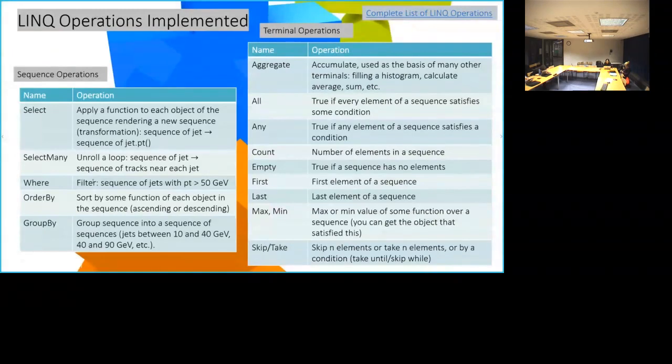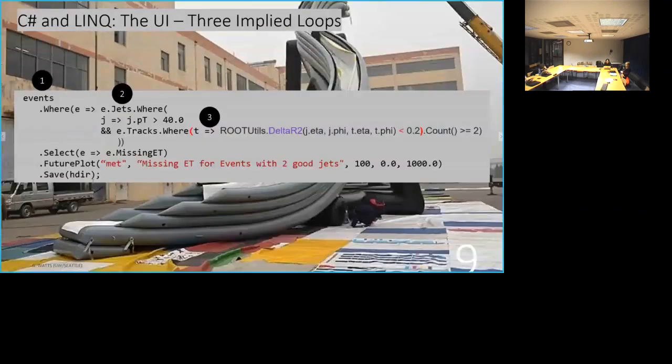Okay, I'm going to skip this slide, which just talks about the various operations. The main thing to think of when you think of this as a model is that we operate on sequences of events, sequences of jets, sequences of tracks, sequences of floating point numbers like the missing ET. So everything is done by sequences on sequences here.